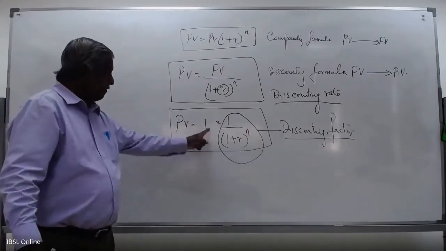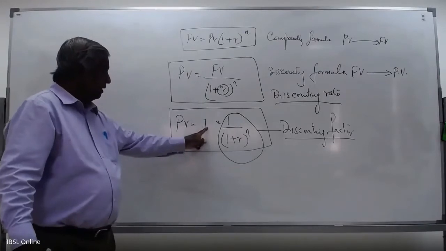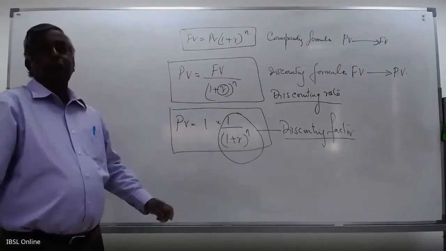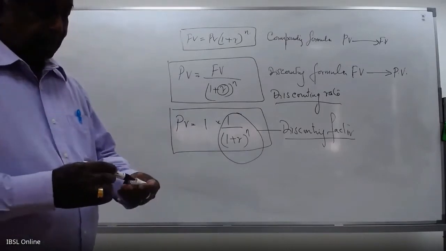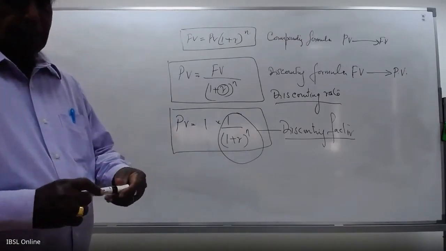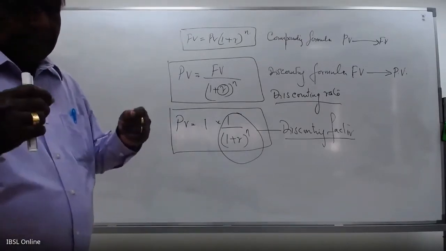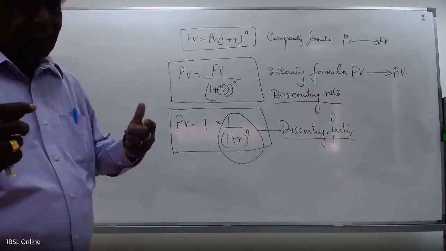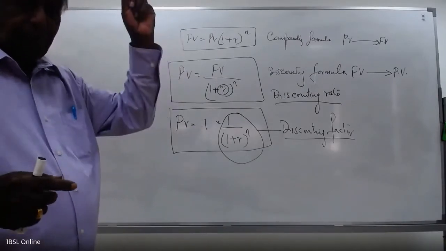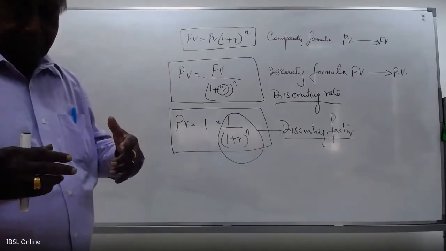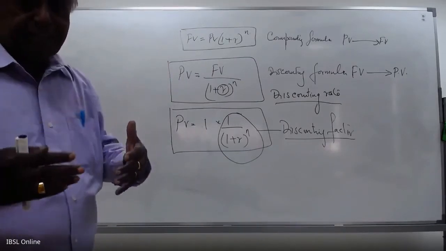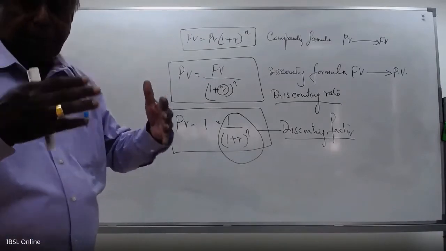When the future value is 1 rupee, the present value is called as discounting factor. And this discounting factor differs, like the compounding factor, with different interest rates and different periods.